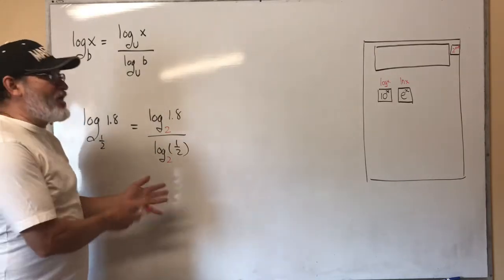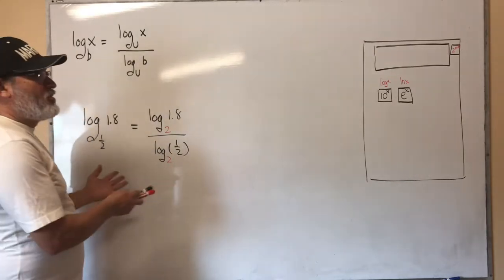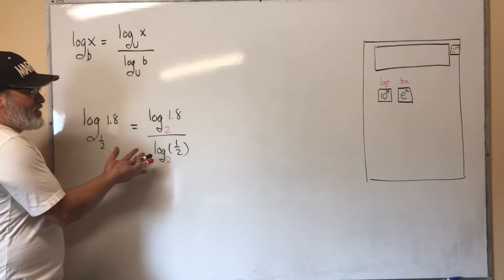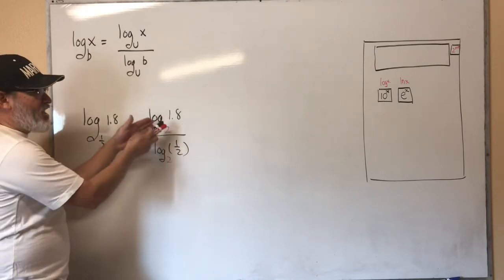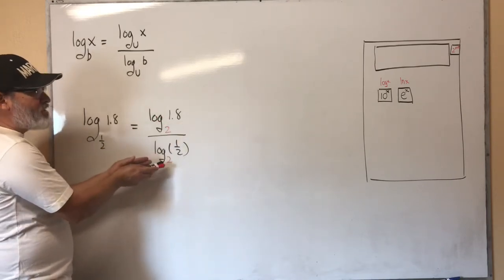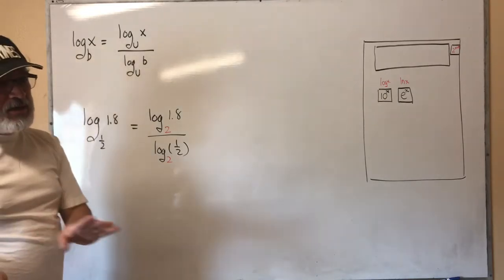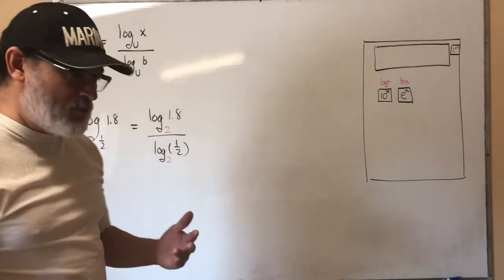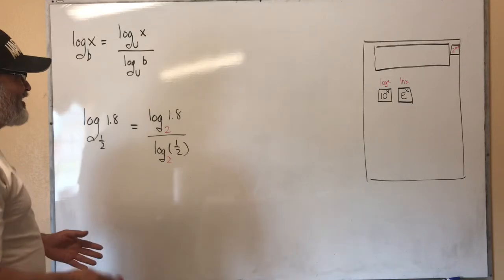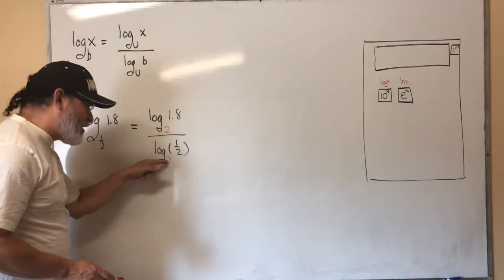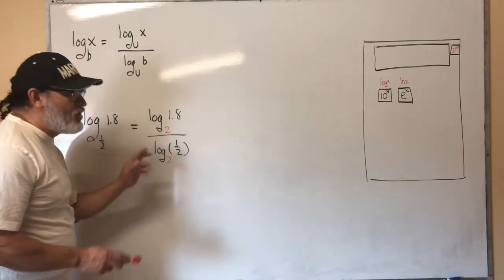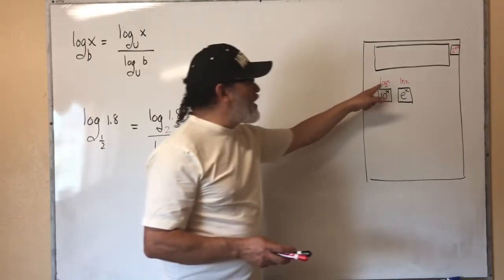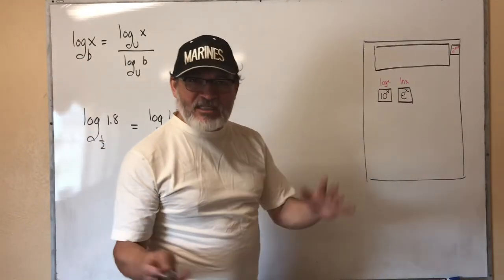Except you can't use it. You cannot find out what it is because your calculator does not have base 2. Most likely. There are some calculators that do. If you do not have base 2, no problem. You pick one of those two bases, whichever you want.